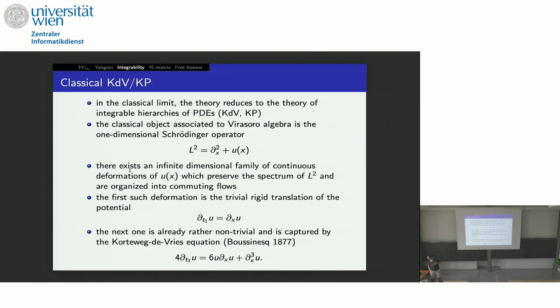Okay, so people who study classical integrability of these equations know this very well. But what is important is that there are infinitely many continuous deformations of this potential, and they can be organized into a Hamiltonian system.